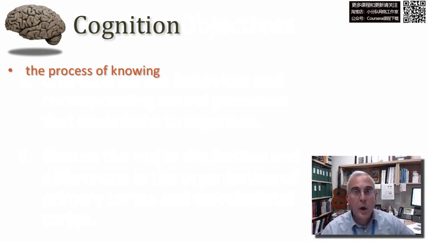I think we might all get on board with saying that cognition refers to the process of knowing. Well, in medical neuroscience, we want to try to express these ideas in neurobiological terms to the pretty stringent limit that we're able to do so given our relatively recent and quite imperfect knowledge of these underlying neurobiological mechanisms.